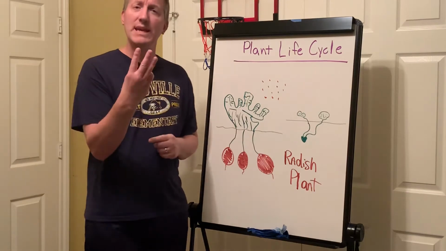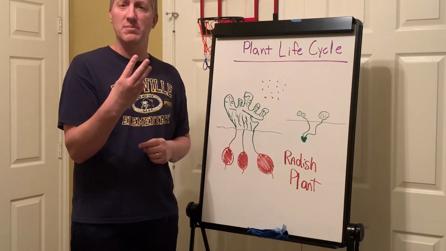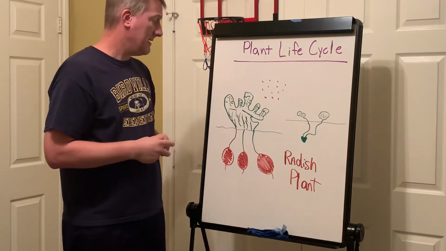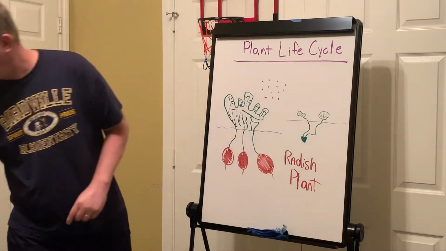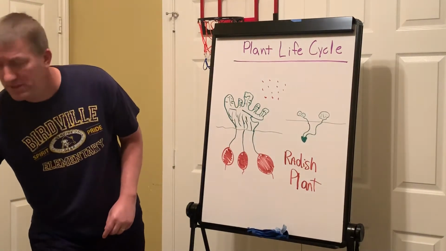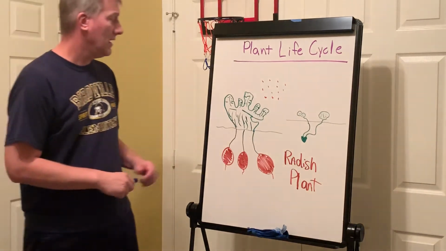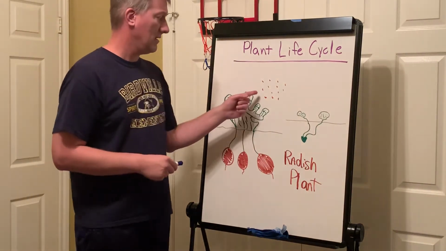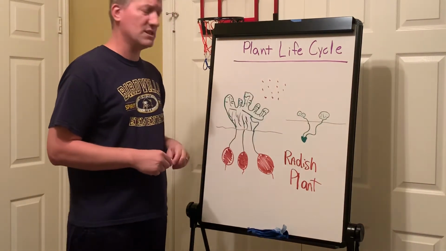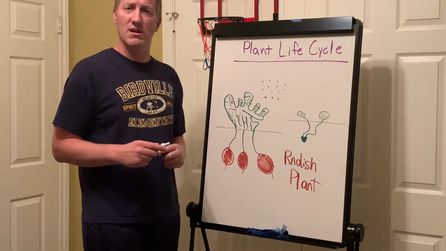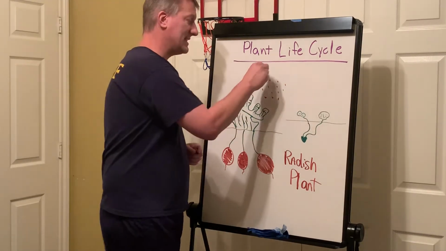There are three main parts to the plant life cycle. Okay, the first one, and I started drawing some of the pictures already. The first one, as you can see, is right here. This is the first phase, and you probably know what those are. You're right, they're seeds.